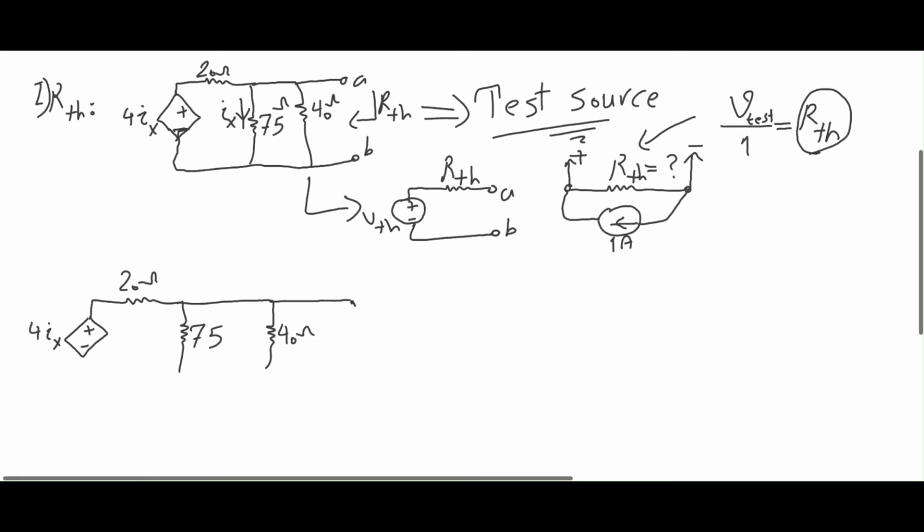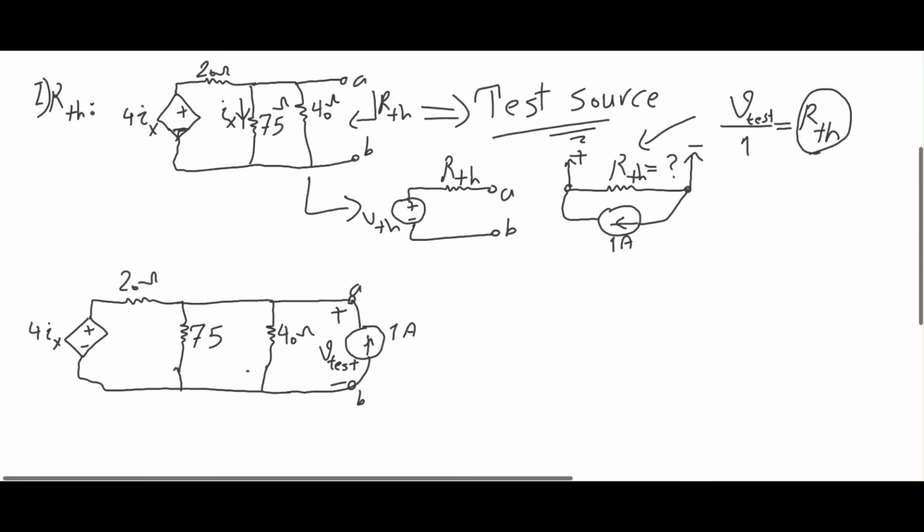I'm going to use a very common method known as the test method. So I connect a 1 amp current source to the same port A and B, a test source with the value of 1 amp, and I try to find the voltage across my current source. I'm going to call it just V test.